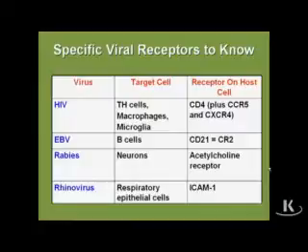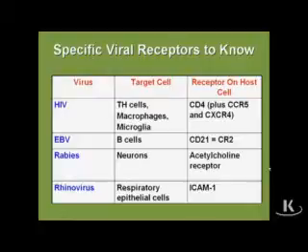Speaking of viral attachment, there are some receptors that the USMLE expects you to know. Specifically, you should know HIV. Most of us know about CD4. That's the receptor that's found on T helper cells and macrophages and some dendritic cells that allows the virus to attach to those cells. But you also have to know the co-receptors.